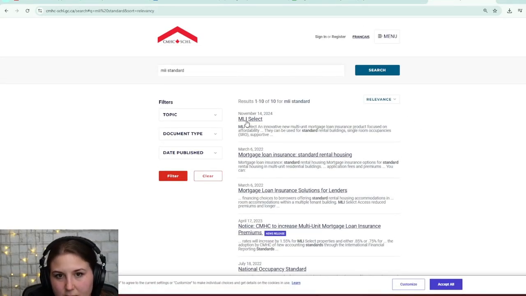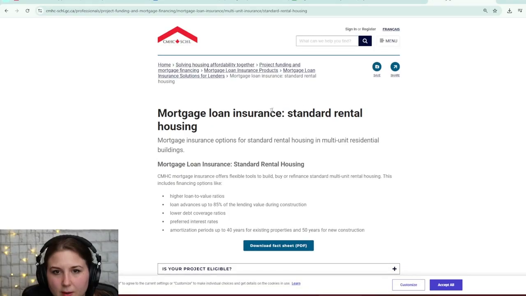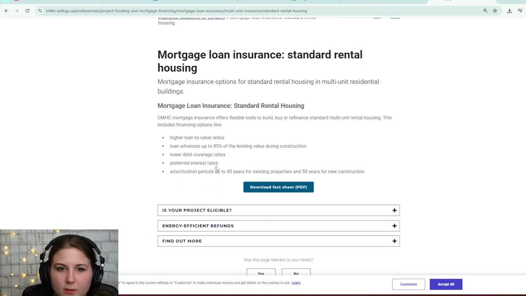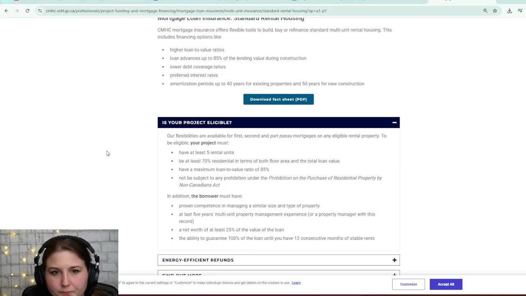Everybody wants MLI Select because you can get up to 95% LTV, and everybody wants to stretch their dollar. But MLI Standard offers up to 85% LTV and up to 40 years of amortization.